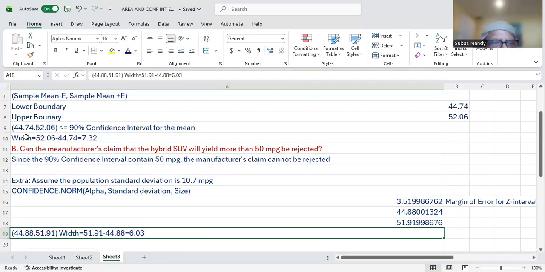Here the width is 6.03, while with the T interval the width is higher. Width is the upper minus the lower. So it is much wider in the case of the T interval.